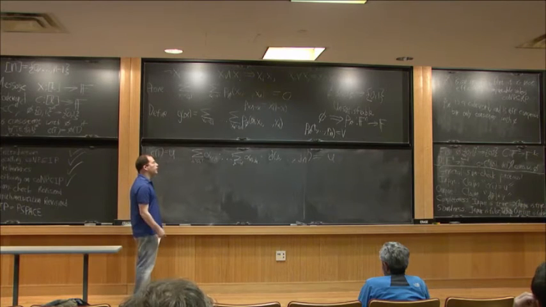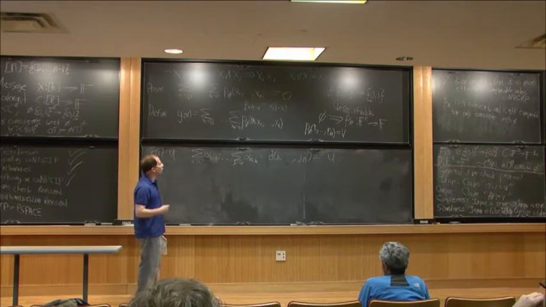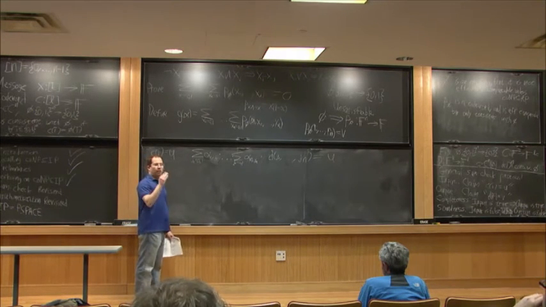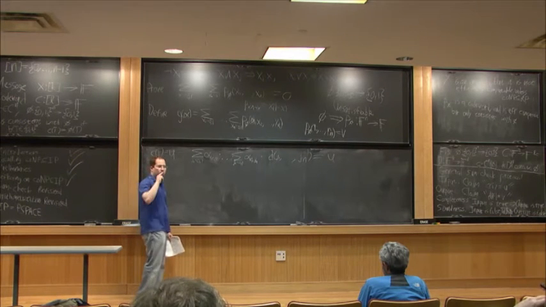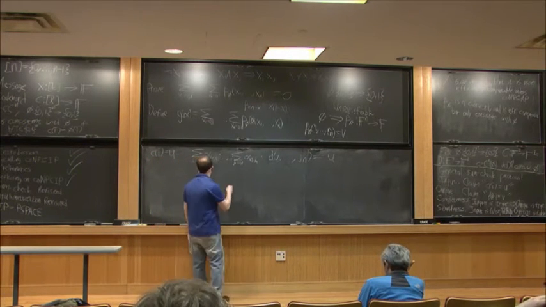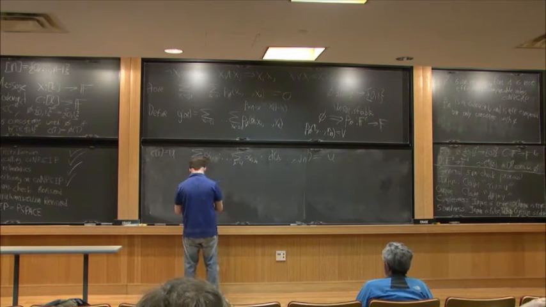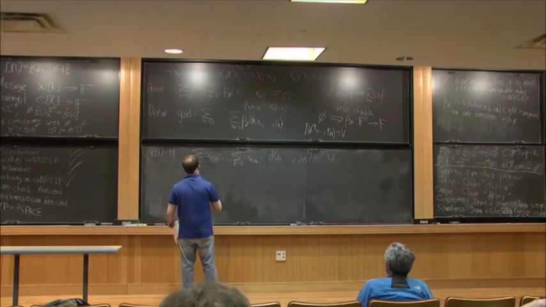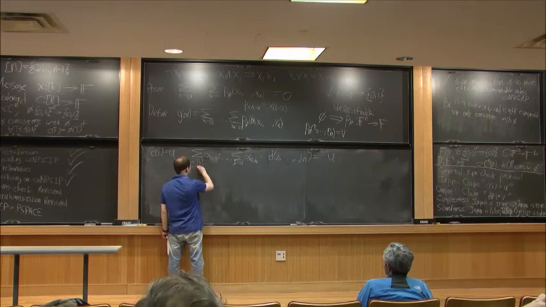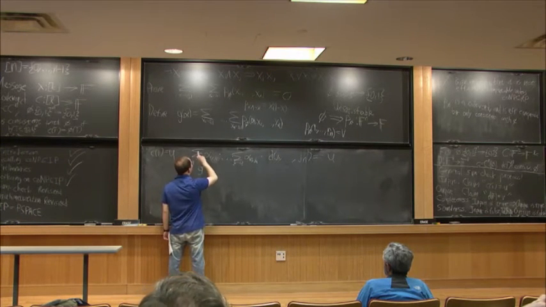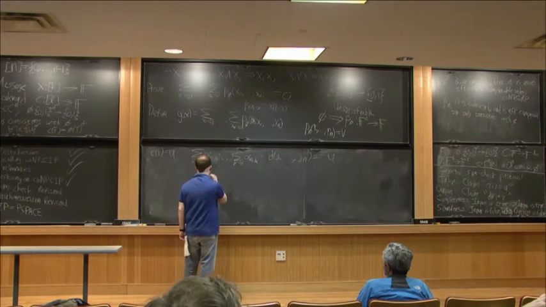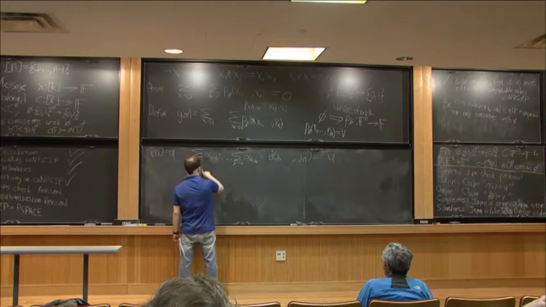As in the original sum check protocol, we want to strip summations one by one. So we start by defining a function g, which is, I can't use alpha now, so let's use beta.